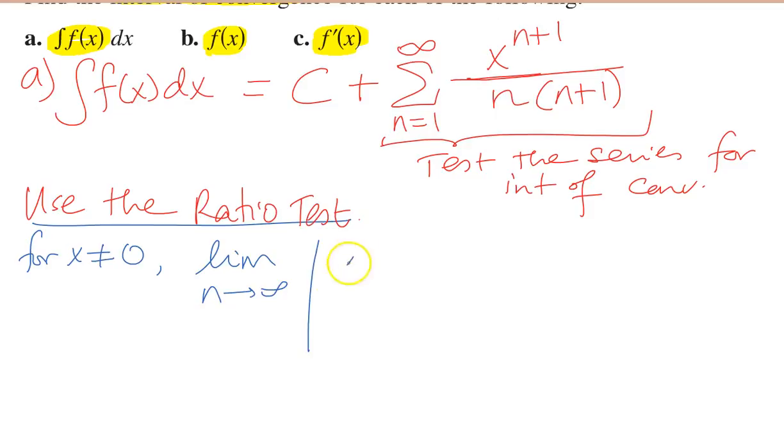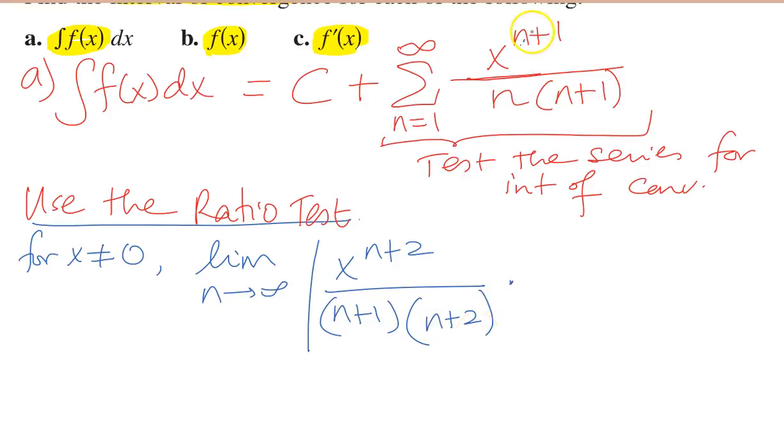What is a n plus 1? Increase n by 1. So it's going to be n plus 1 plus 1, n plus 2. This is n plus 1. This is n plus 1 plus 1, that is n plus 2. Okay? Flip it and multiply n times n plus 1 over x to the power n plus 1. Alright, guys, simplify this.